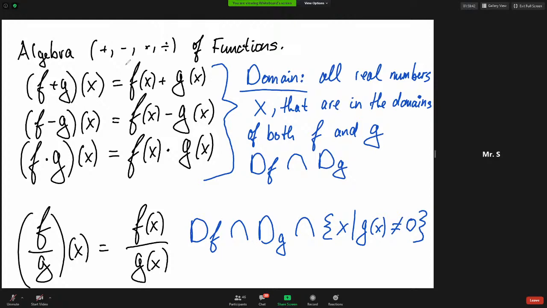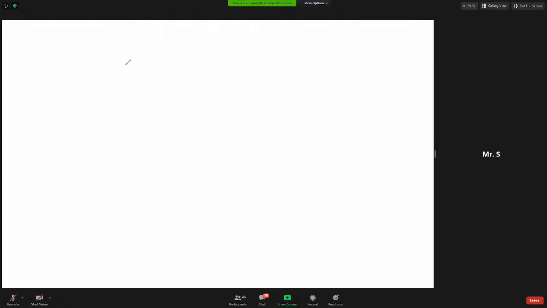And we're going to do just one example to show you what that looks like. Let's see, which example did I like here? I like this one, so I'm going to call it number 1. We're going to say f of x is defined as 1 over x plus 2. We're going to say that g of x is defined as x over x minus 1.